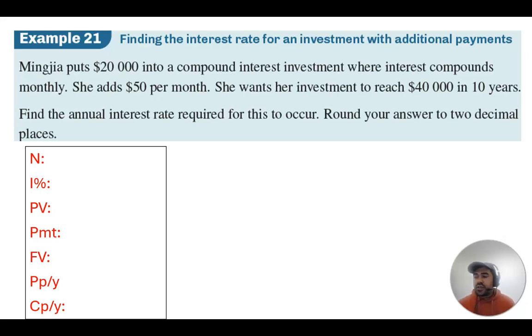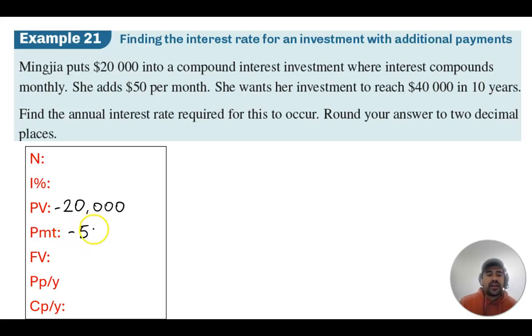So the first thing we know that we can put in is what the present value is. And right now we know that because she was putting this money into an investment, it's going to be a negative $20,000. So this is what she's investing into the bank. Now the other thing that we also know is that on top of this, she is making payments of $50 per month.